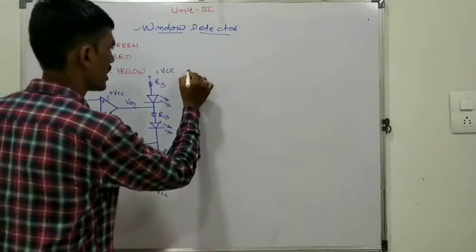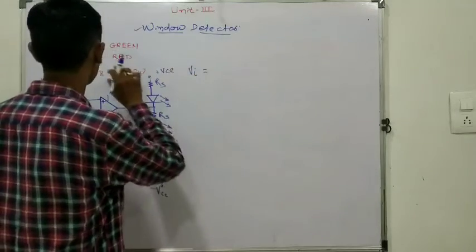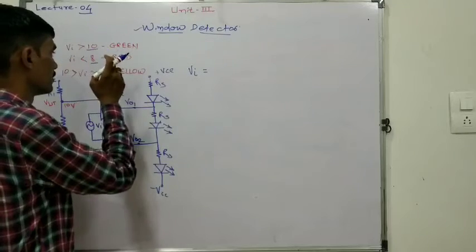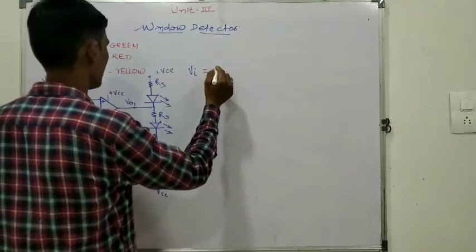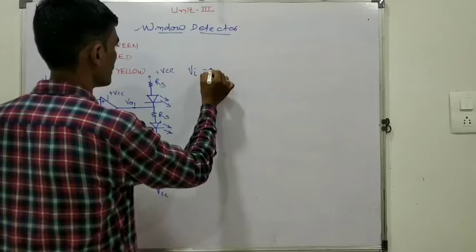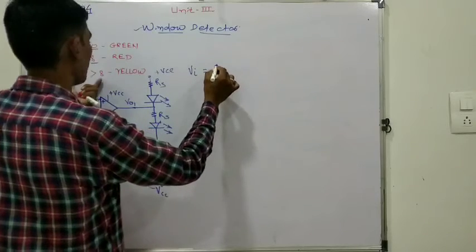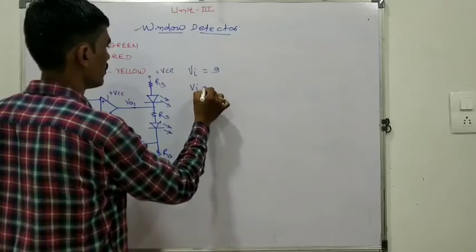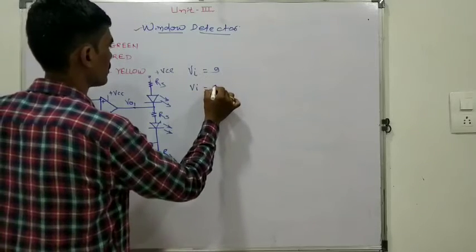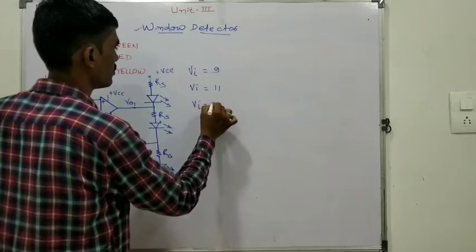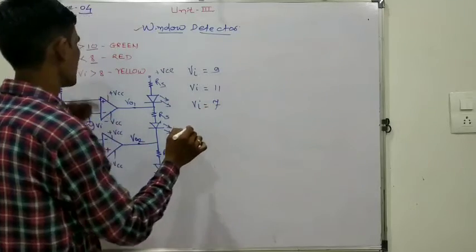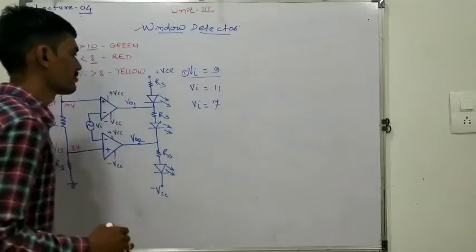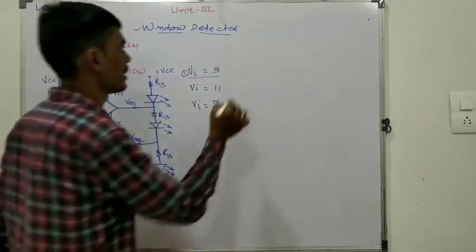First case, we consider Vi in between this range, for example 9 volt. Then Vi greater than 10 volt, so it is 11 volt, and Vi equal to 7 volt, that is less than 8 volt. For example, in the first case we provide Vi equal to 9 volt, so what are VO1 and VO2?